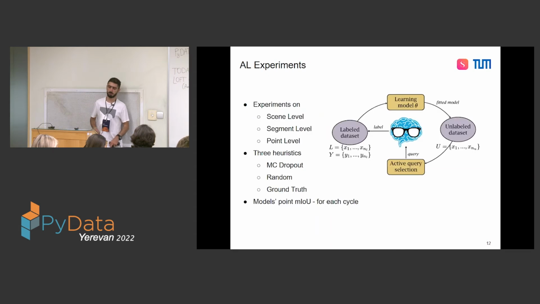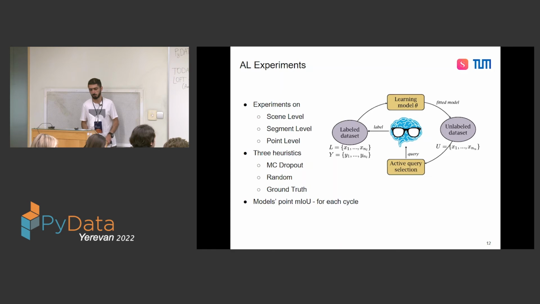Okay, and finally let's talk about the specific experiments that were performed. For this experiment, we used the ScanNet dataset, which is an example of an indoor scene dataset that I showed on the second slide in my presentation.